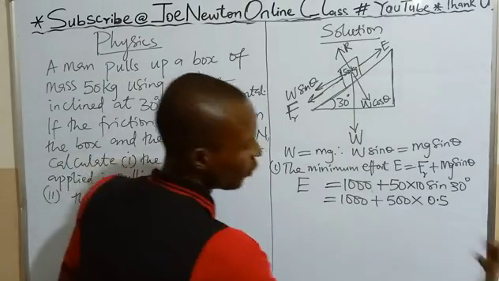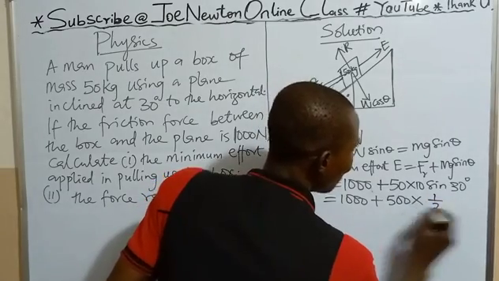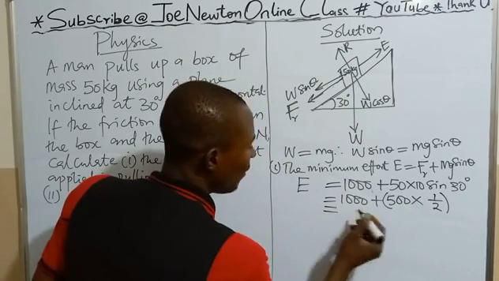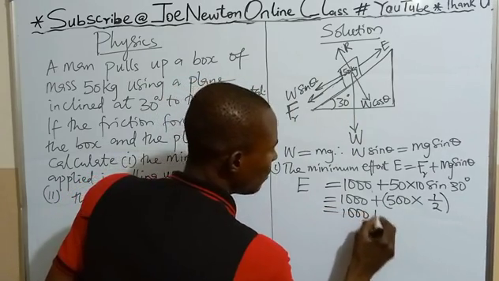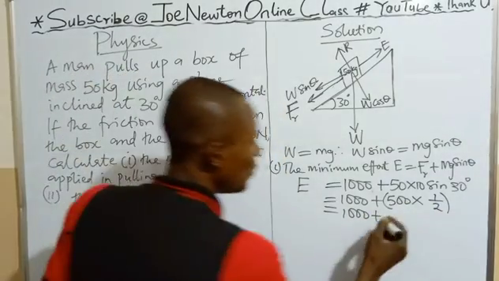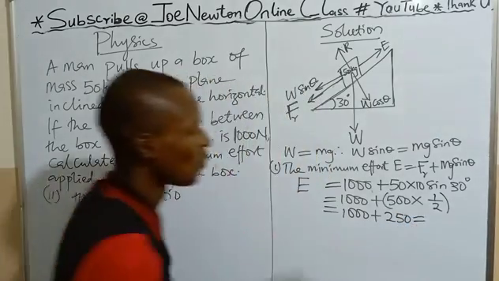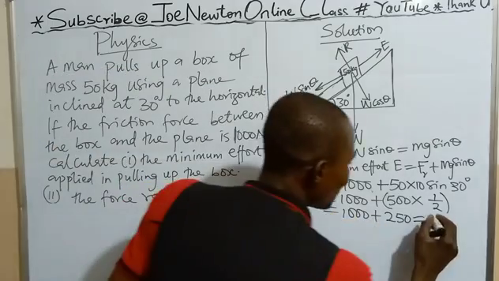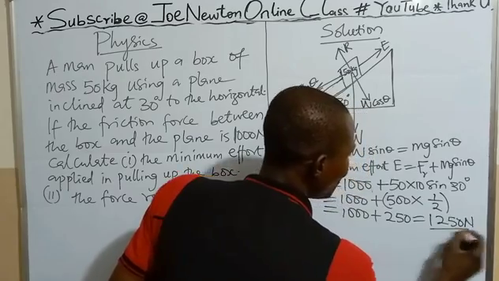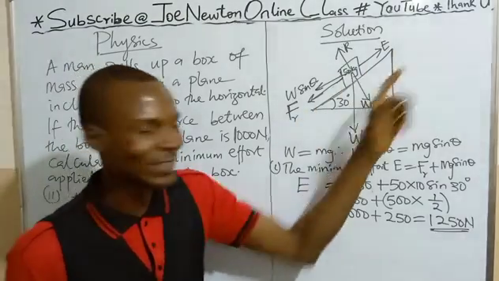Let us use 1/2 there. Then we have 1000 plus half of 500, which is 250. This equals 1250 Newton. So this is the effort required by the man to pull this body upwards.